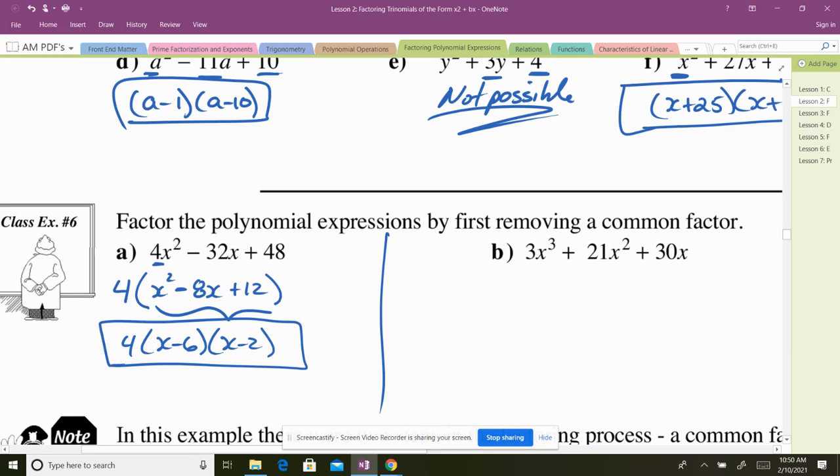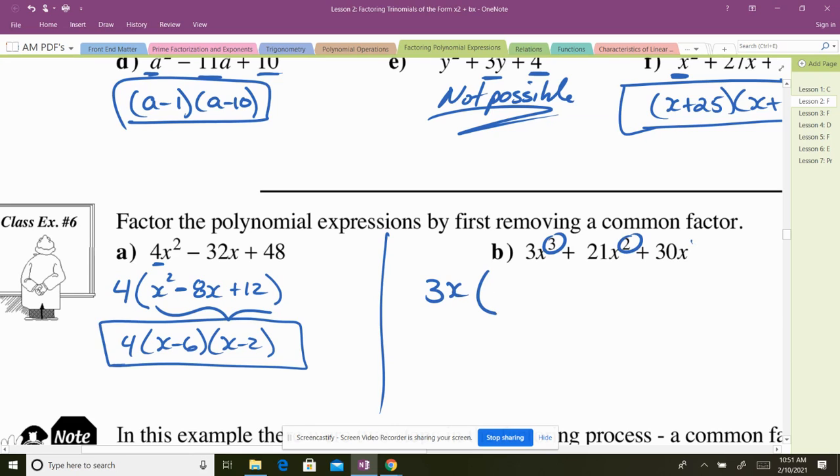All right. Next one. We have a 3 in front. We don't want a 3 in front. What can I pull out? 3. Perfect. So you can pull a 3, and then you look, x cubed, x squared, x1. Pull the x with it.